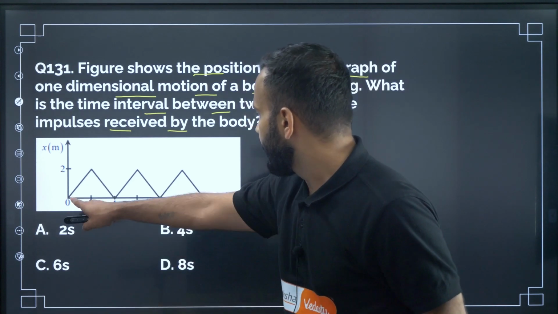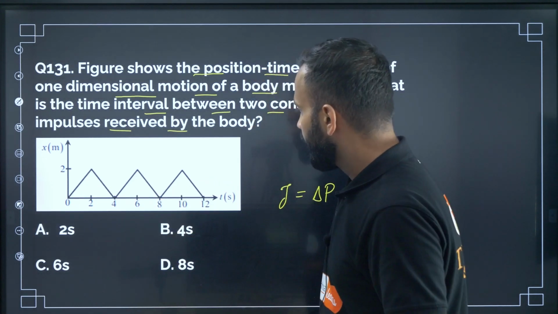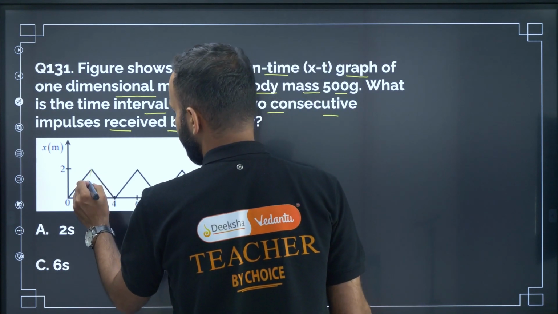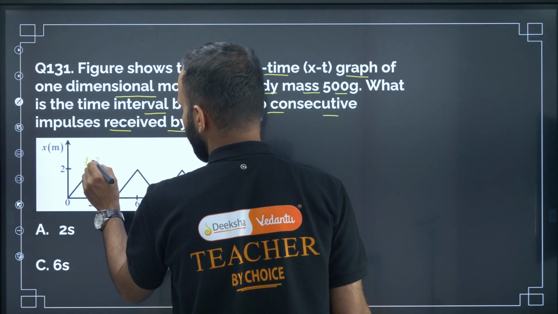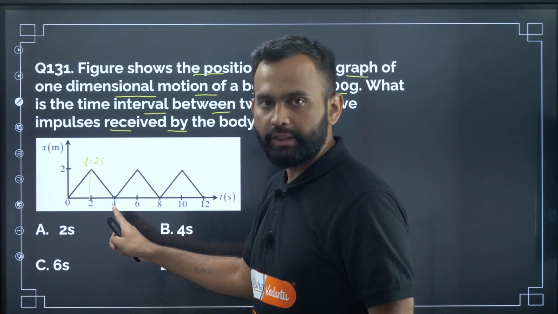So let's look at the graph. Here at time t equal to 2 second, the direction of the body changes, right?